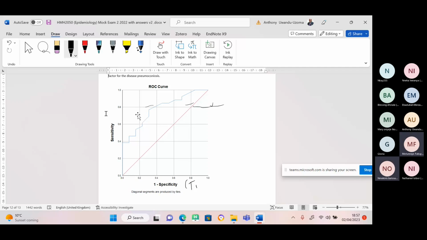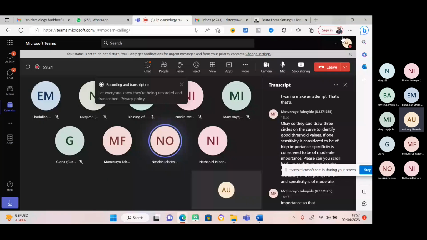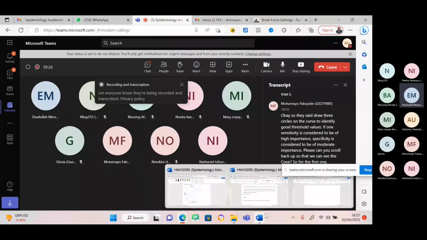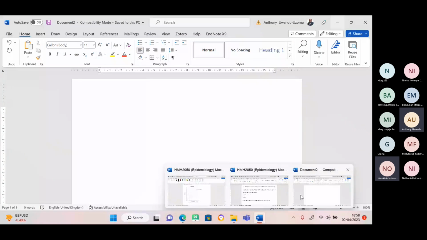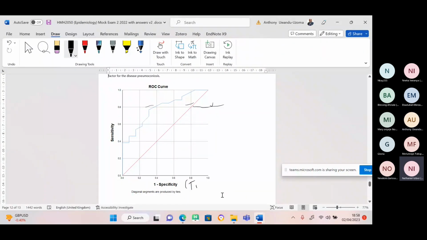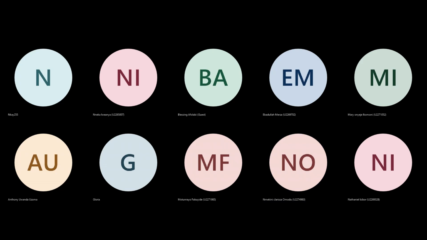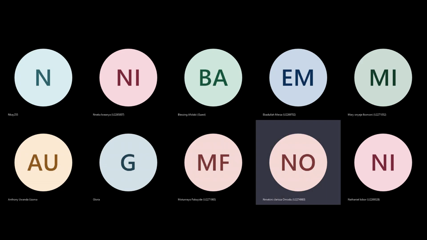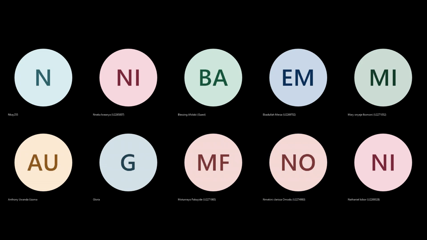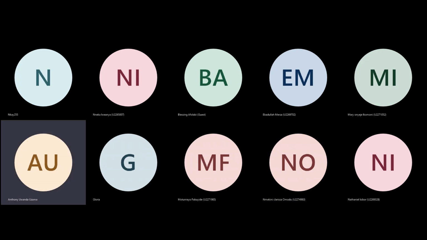The screen has disappeared though. Hello. No screen, Anthony. Can you hear you? Can you see my screen? Yes, we can see it now. I can't see the values yet, so give me the values and I'll plot it. Excuse me. Who is giving the call?